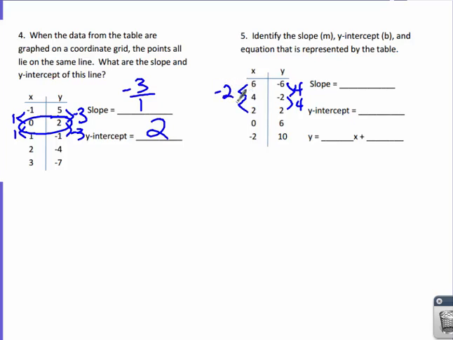So that means our slope is 4 divided by negative 2, which gives us negative 2 over 1. Right? And it doesn't matter where that negative is, as long as one of those numbers is negative. Now our y-intercept, again, is the y value when x is 0. So that's our 6. So when I plug that into my formula, that becomes negative 2x plus 6.